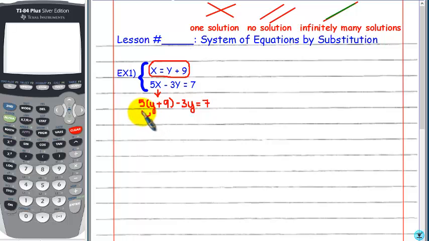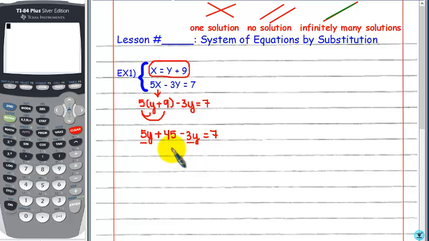The first thing I need to do is get rid of the parentheses, so I'm going to multiply. This would be 5y plus 45 minus 3y equals 7. Now I'm going to combine like terms.